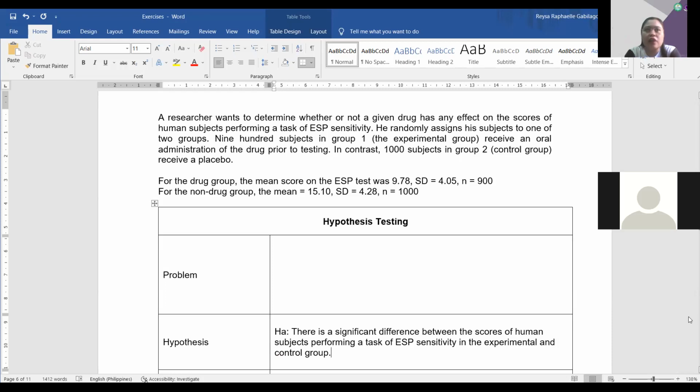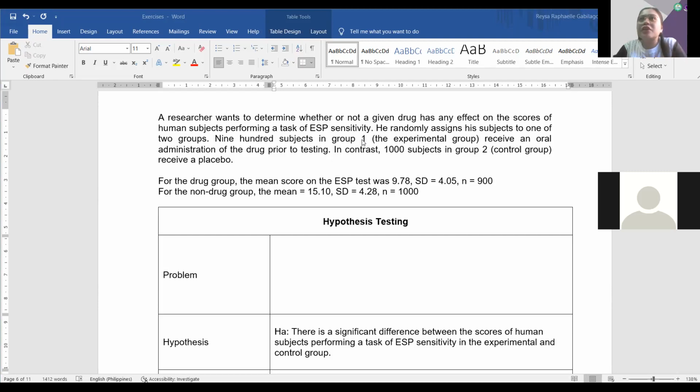Kasi pag sinabi nyo lang na there is a significant effect, ano yun? Hindi ko siya ma-state. Like pag sinabi niyo lang, the given drug has effects on the scores of human subjects, nawala kasi yung difference doon. So do not forget that we are comparing here. So saan nyo i-compare yung drugs nyo kung ilagay nyo lang na the given drug has effects on the scores of human subjects.